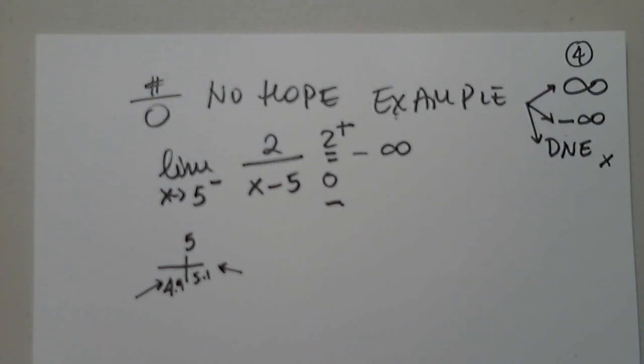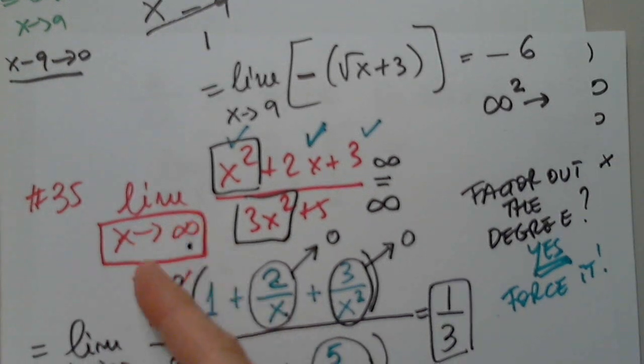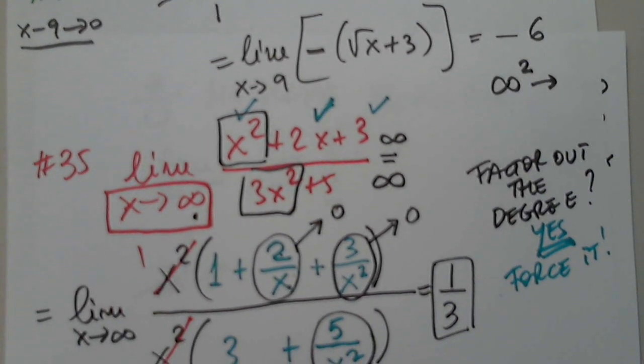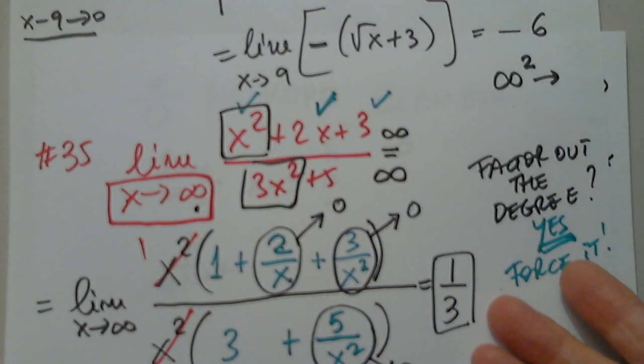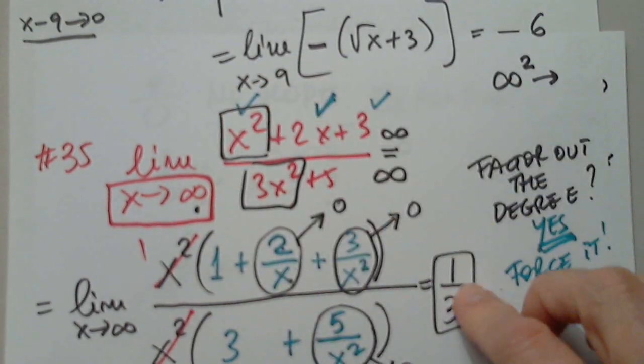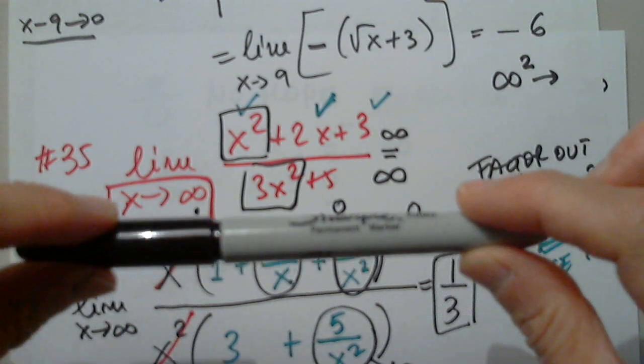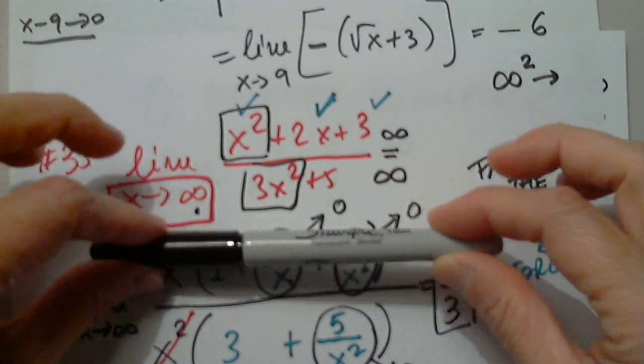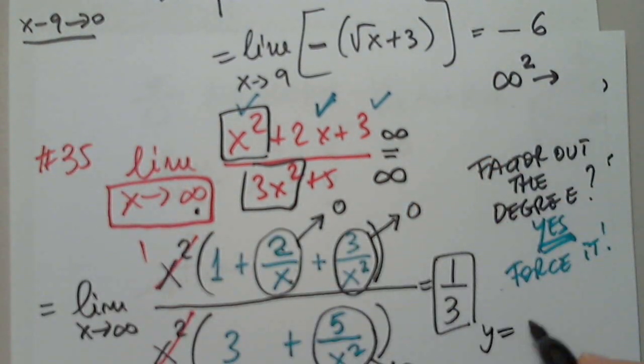And we had so many other different examples: rationalizing, simplifying, factoring, when x approaches infinity, and so on. When x approaches infinity, if the function approaches a number, that is the horizontal asymptote. So y equals 1/3 is a horizontal asymptote.